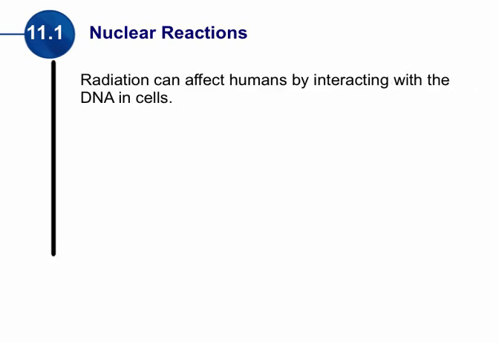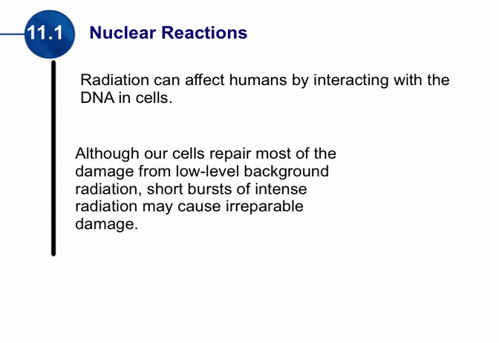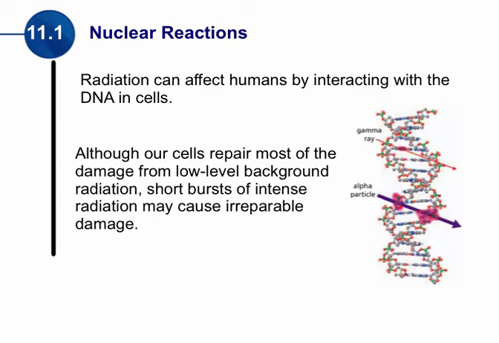What we've learned over the years is that radiation can really affect human beings. And what it actually affects is the DNA in our cells. If there is a low level of background radiation, like that which comes from the sun, or short bursts of it, maybe you get an X-ray or are exposed to some minor radiation, our body can actually repair that. It's the large-scale radiation, something like the gamma ray, that has a high burst of intense radiation that can actually damage DNA.